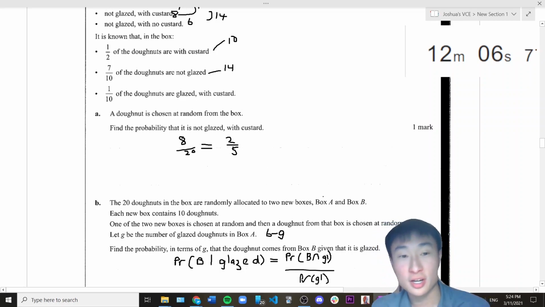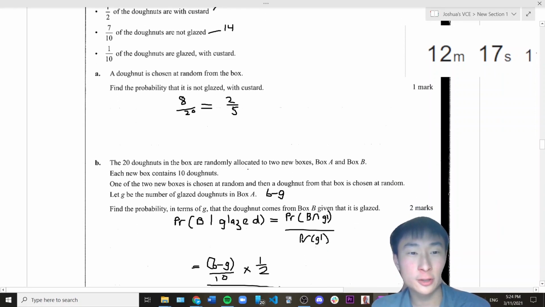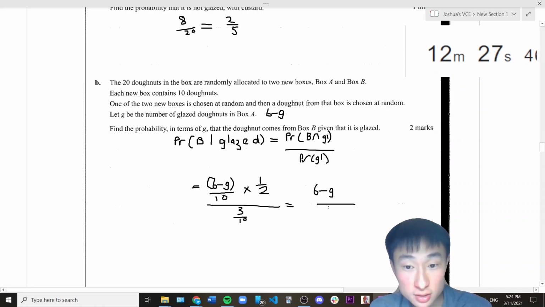The probability that you pick a donut and it's glazed is 3 over 10. So the probability that the donut is glazed is 3 over 10. I hope this is right. Times a half, so you get 6 minus G over 20, divided by 3 over 10.